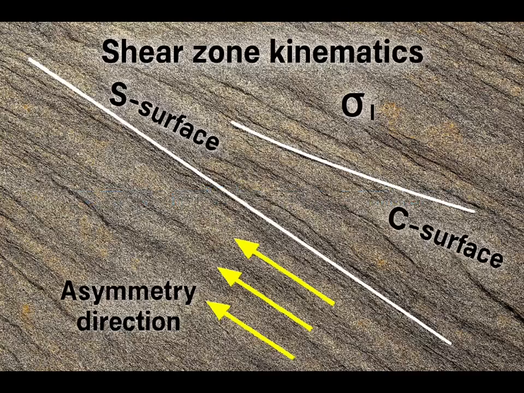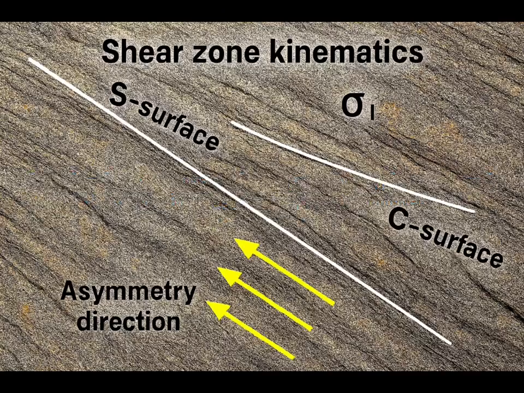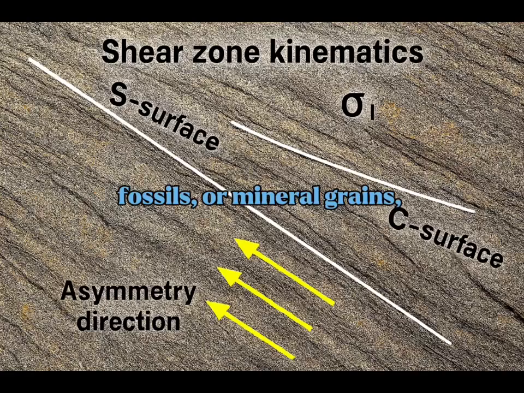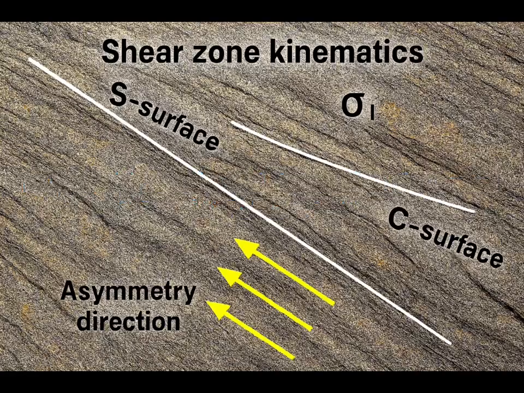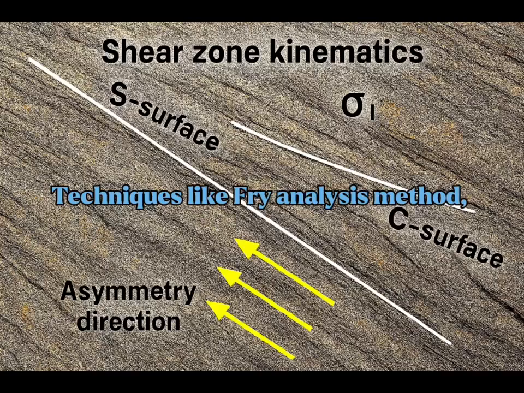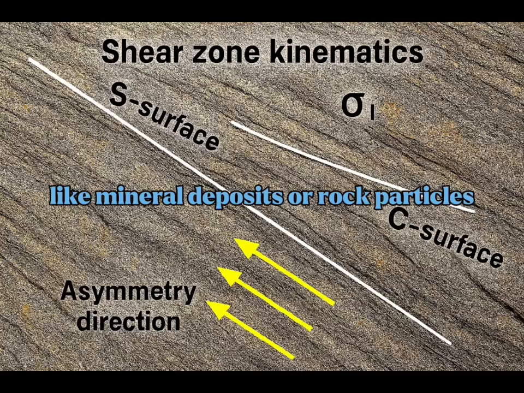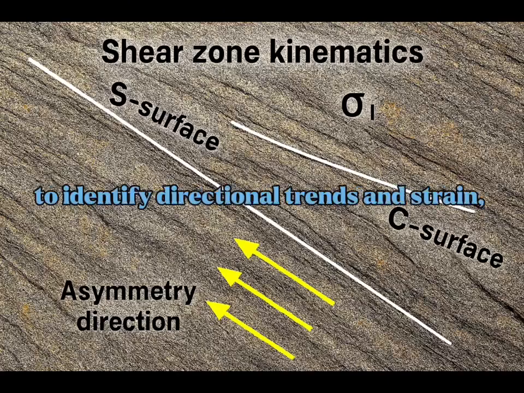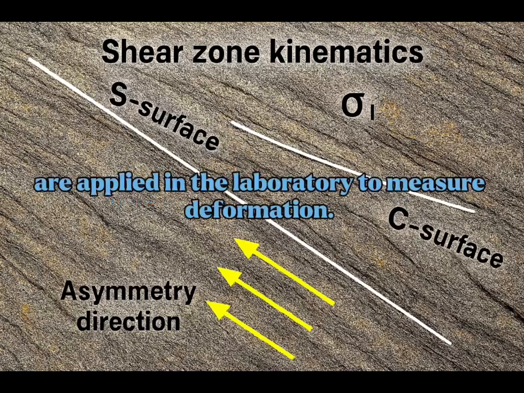Geologists use markers such as deformed pebbles, fossils, or mineral grains to quantify strain and determine the sense of shear. Techniques like the Fry analysis method, which analyzes the spatial distribution of objects like mineral deposits or rock particles to identify directional trends and strain, and finite strain ellipsoids are applied in the laboratory to measure deformation.